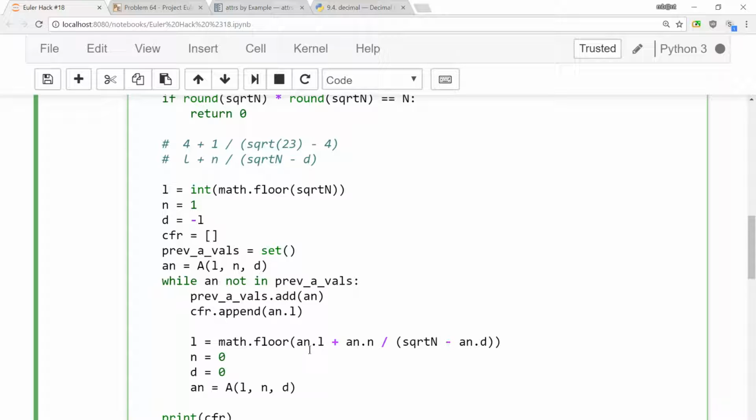So 1 over, I guess, I have a square up here.